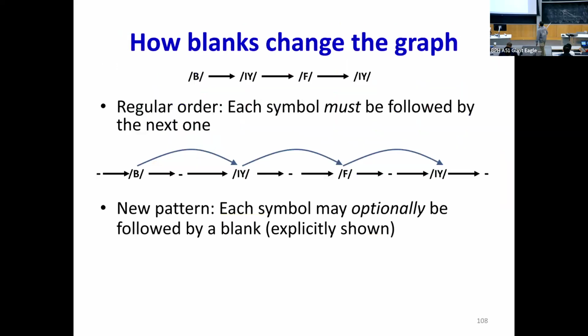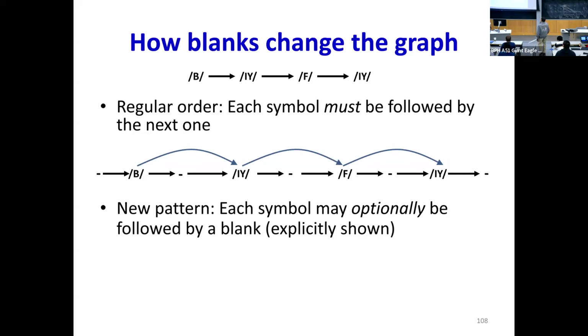So here's what we do. We introduce blanks, these invisible symbols. Now consider the word beefy. Here, I can have B. B can immediately be followed by E, or it can be followed by an invisible symbol and then an E. Similarly, E can be followed immediately by F, or by an invisible symbol followed by an F. Same thing, F can be followed by E, or an invisible symbol followed by E. And then you can have optional invisible symbols at the beginning and the end.